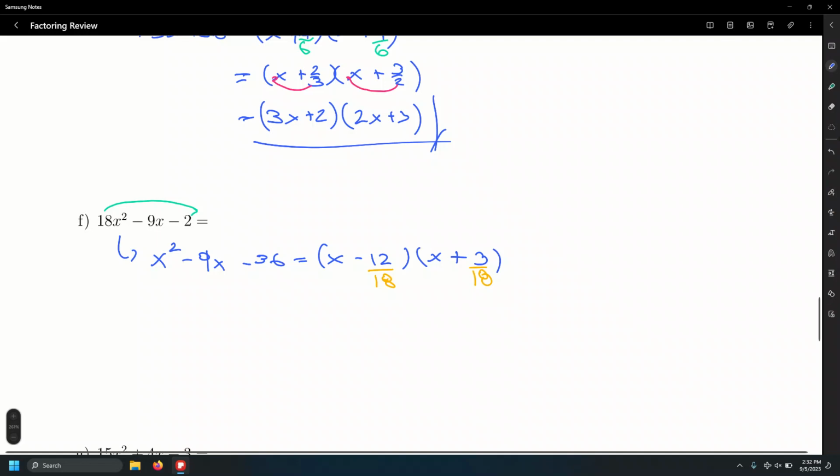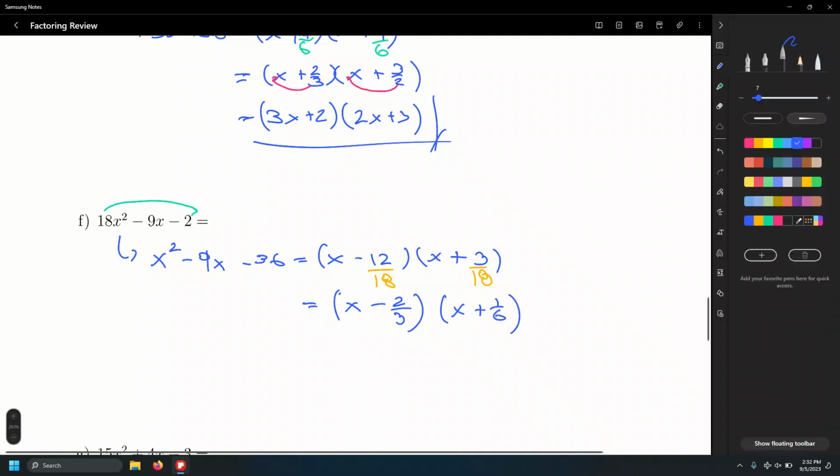It's going to be actually multiplied by a number when we write it again. So 12 and 18 are both divisible by 6. That's 2 over 3. And 3 and 18, that's 1 and 6, right?